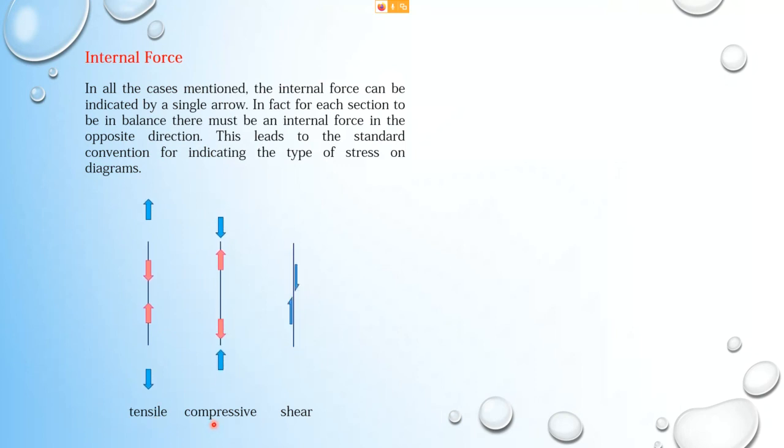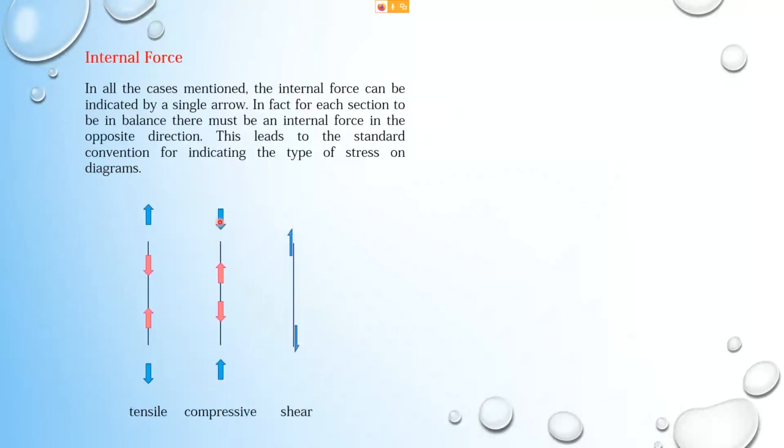This diagram represents compressive. These 2 blue arrows are moving away, and these 2 blue arrows are moving towards each other. So this is compressive, and the red arrows show the internal resistance.